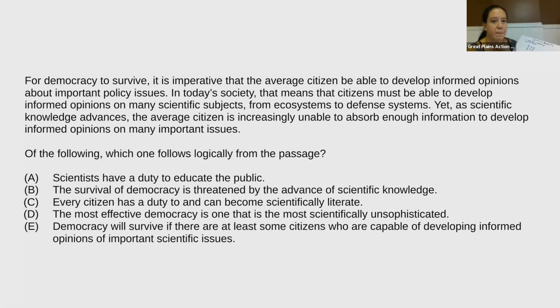We have a bunch of conditionals there. If democracy is going to survive, we have to be able to develop informed opinions. If we're going to do that, we have to be able to keep up on science. But if scientific knowledge increases, then we're not going to be able to keep up with this information.